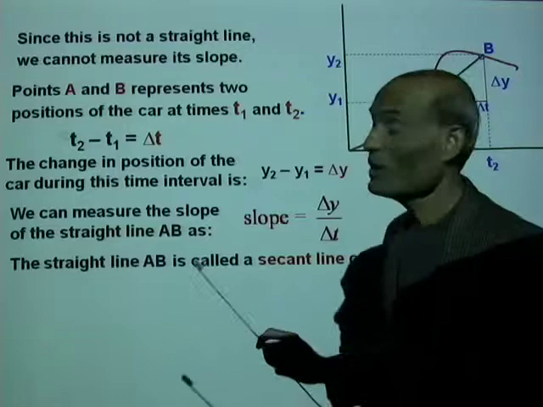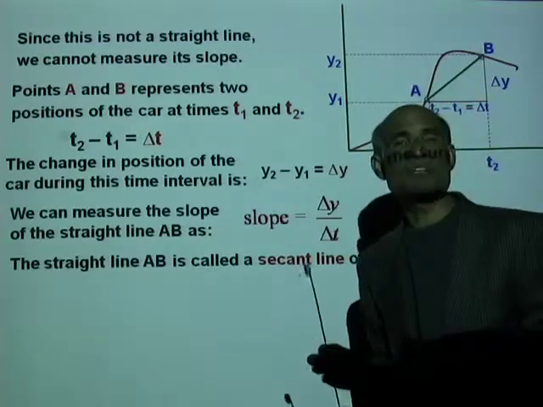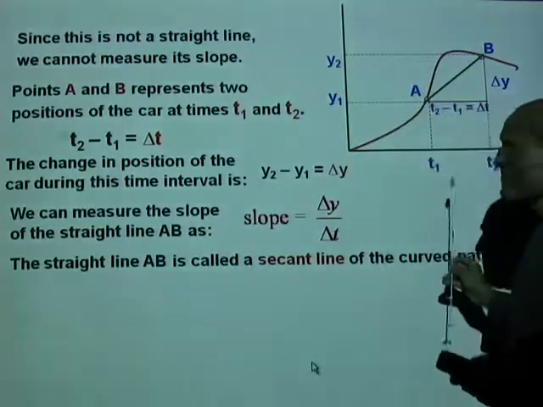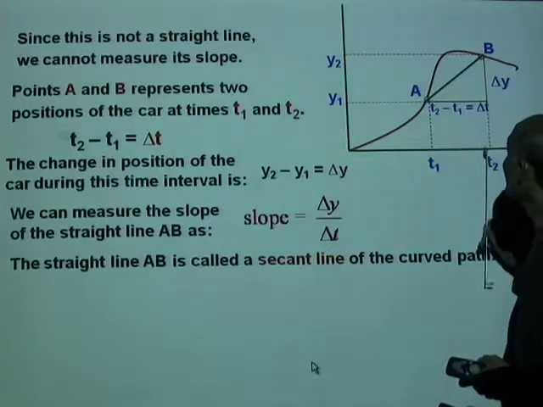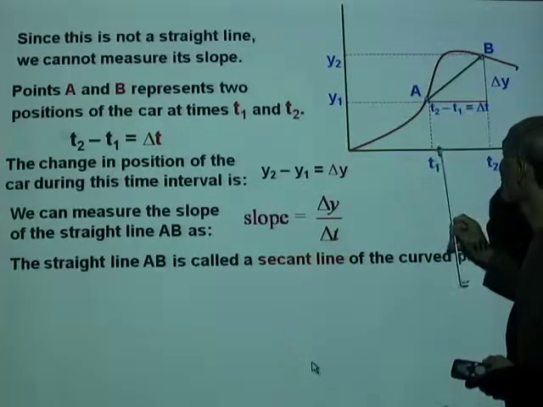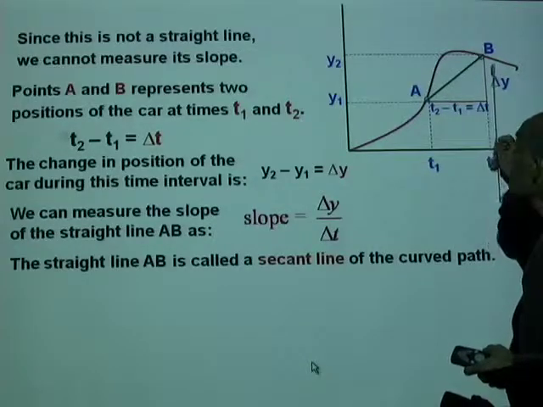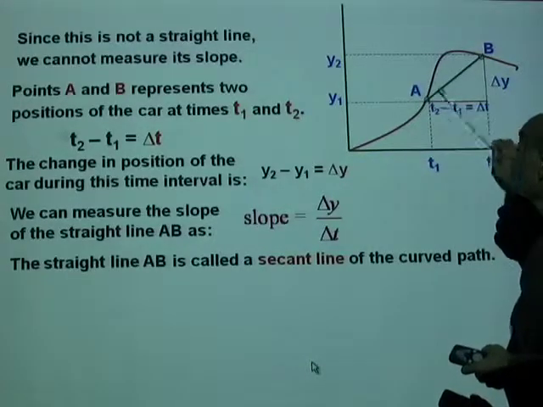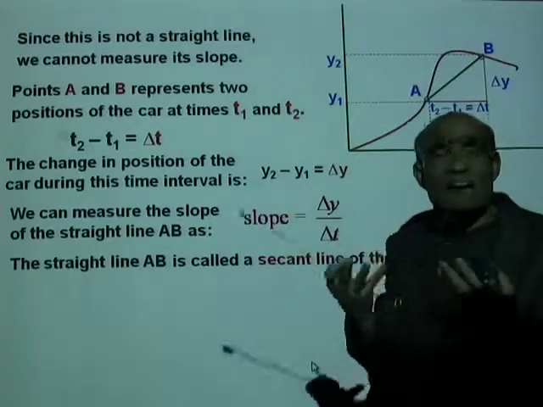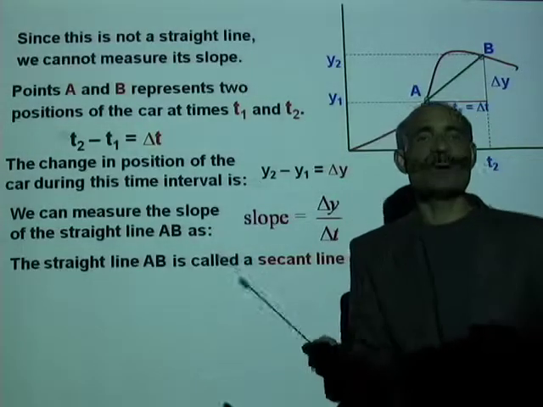Now, what does the slope of the secant line actually represent? If you take the change in position of the car during a time interval delta t, this delta y by delta t represents an average change in position of the car.